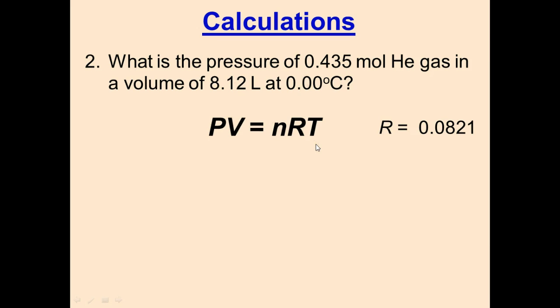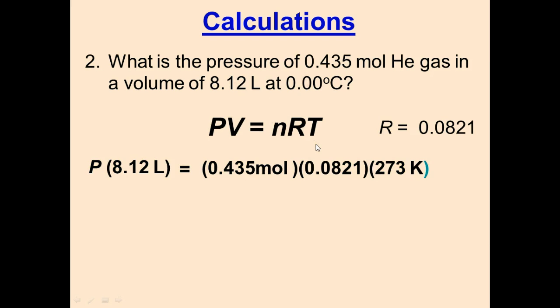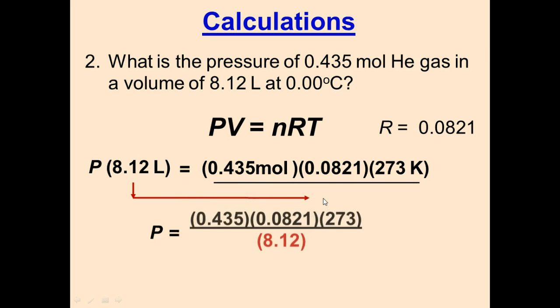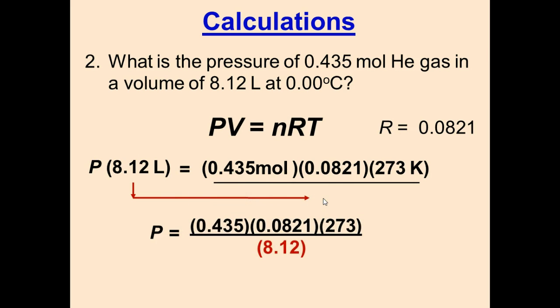We plug in the variables in their corresponding spots, and then to isolate P, we divide the whole right side by 8.12. So we multiply 0.435 times 0.0821 times 273 and divide by 8.12, and if we do this, we should get a pressure of 1.2 atm.